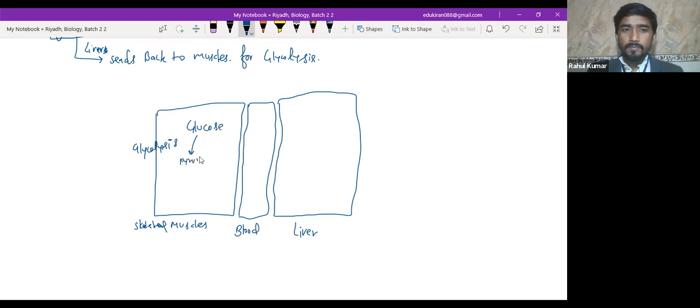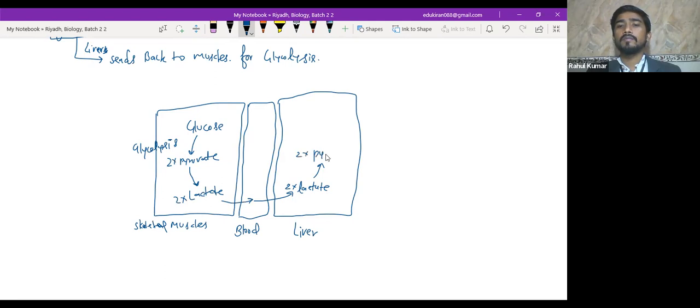Glucose converts into pyruvate, and if under some oxygen stress, pyruvate gets converted into lactate or lactic acid, then it has to be removed, correct? Now 2 pyruvate and 2 lactic acid, just to keep it. So this lactate is taken into the blood, and from blood it goes into the liver. Is it clear? Where this lactate is again converted into pyruvate.